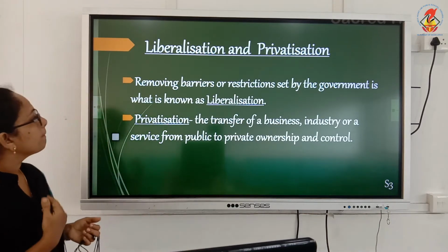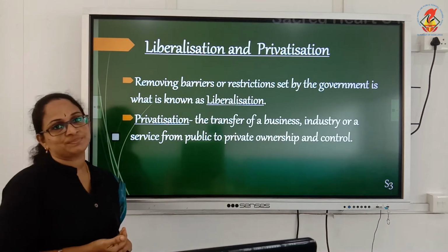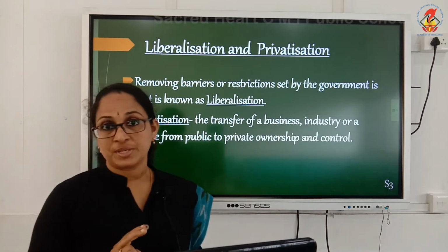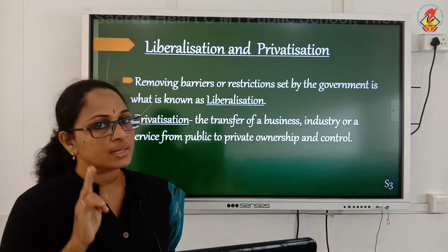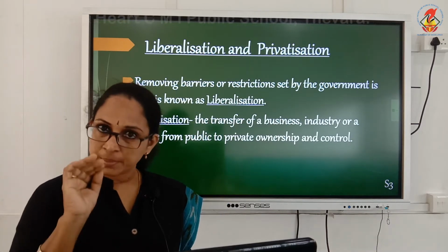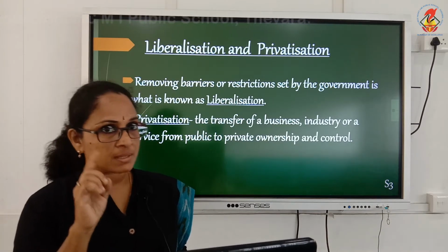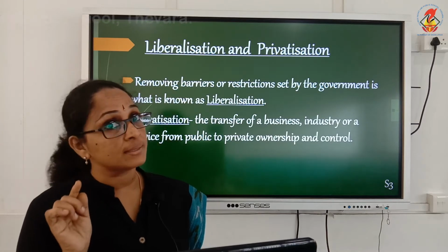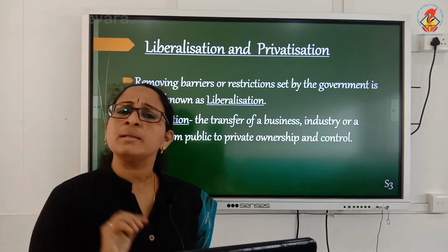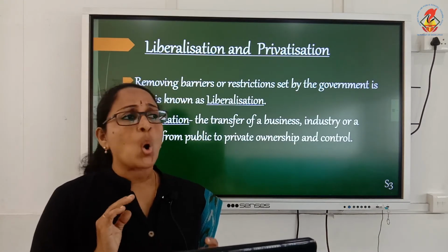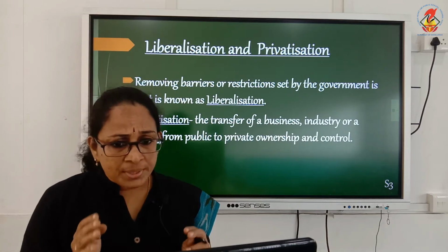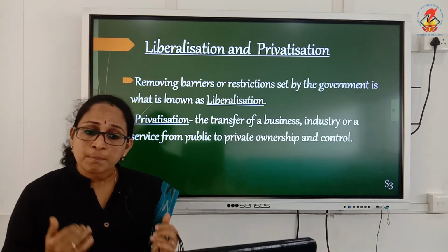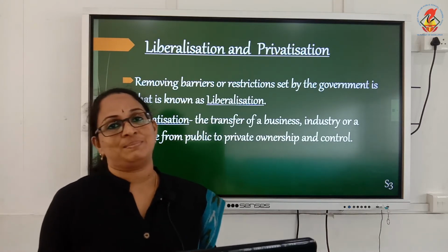Second feature, privatization. In chapter 2, we classified sectors in terms of ownership: private sector and public sector. The private sector is owned by private individuals, the public sector by the government. So under privatization, the ownership of industry and business moves from the public to the private sector.